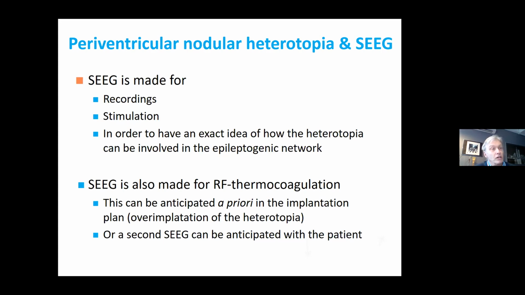A second option will be to perform a usual SEEG without any over-implantation, but if coagulation is possible to do, if it is anticipated, this should be discussed with the patient, because in such case, a second SEEG would probably be necessary.